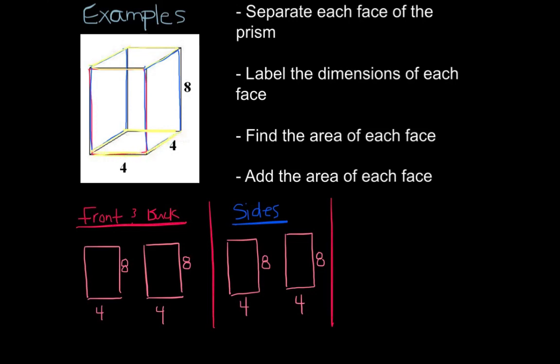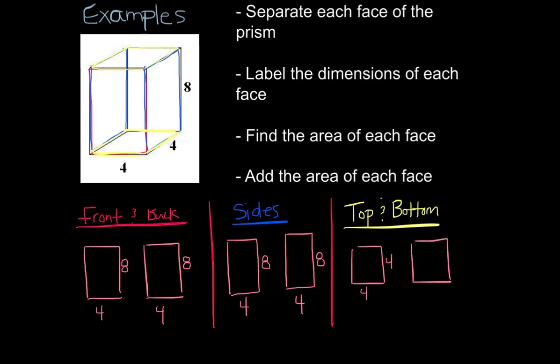Our base is going to be 4, and our height is going to be 4. So let's write top and bottom, and our dimensions, it's a square face, so it is 4 units by 4 units, and they're congruent, so both the top and the bottom have the same.